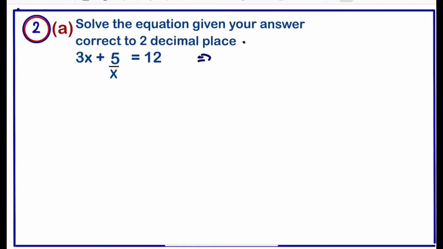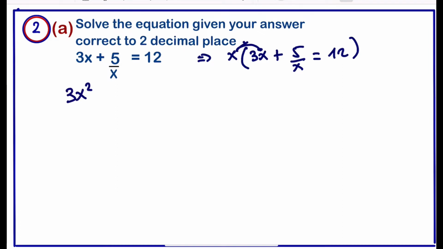So here we are going to multiply all of this equation times x so that the x at the denominator can cancel. Should be equals to 12. So we have 3x plus 5x should be equals to 12. If we multiply x times 3x, that will give us 3x squared.